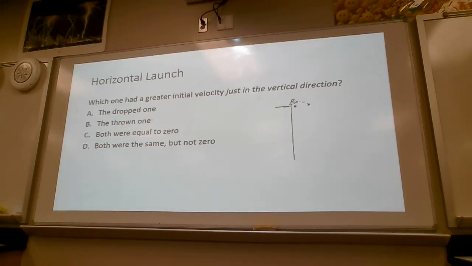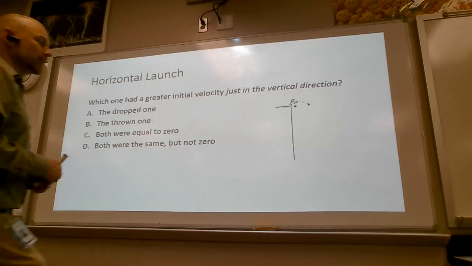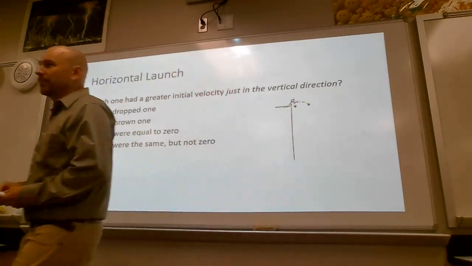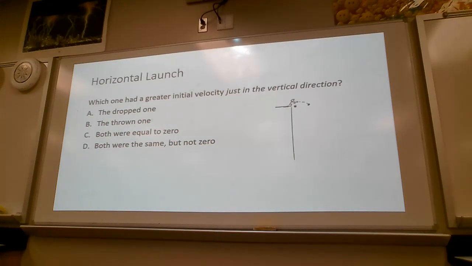How is something moving horizontally? How is it moving vertically? Horizontally, it is absolutely moving, but vertically, it's not at all. Vertically, it was at rest. You okay with that?